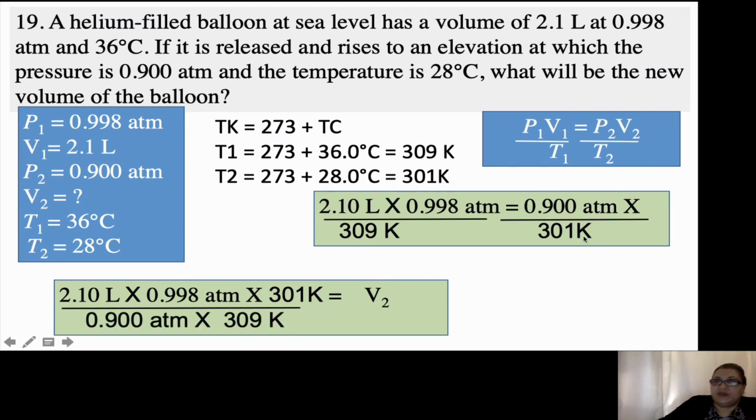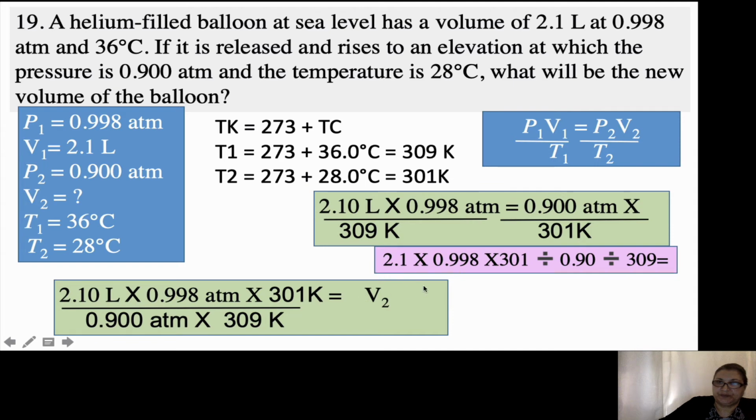Now to solve for V2, we multiply both sides by 301 and divide both sides by 0.9 to solve for V2. So 2.1 times 0.998 times 301 divided by 0.9 divided by 309 equals 2.27 liters. That's the new volume.